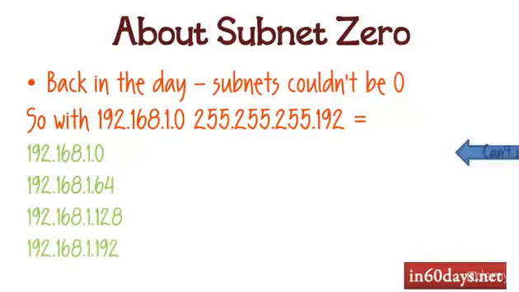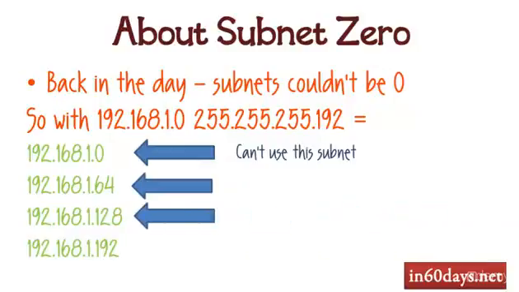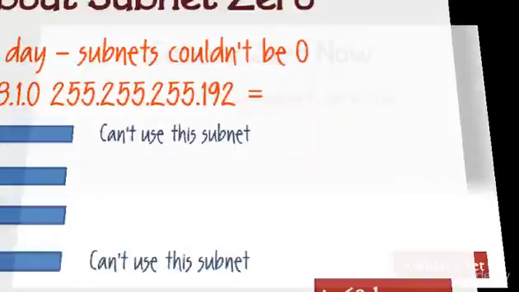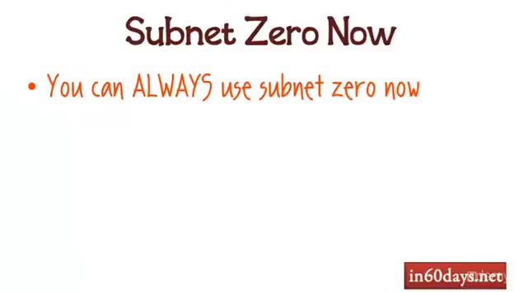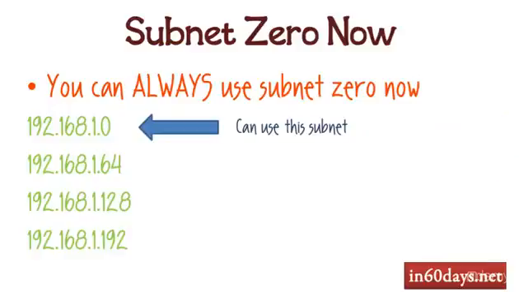The rule was you couldn't use the 0 subnet, you could use the other subnets, and you couldn't use the last subnet. This was the broadcast subnet, they said. But for several years now you have been able to use it. So the rule is for all Cisco exams, certainly you can use all of the subnets. So don't get confused about which subnets you can and can't use. You can use them all now.